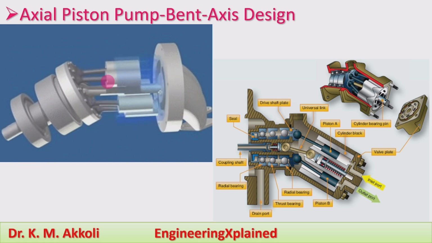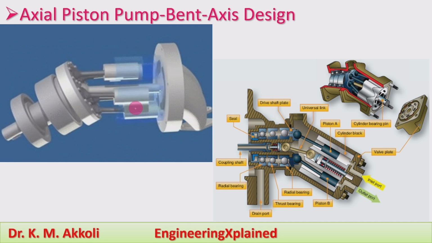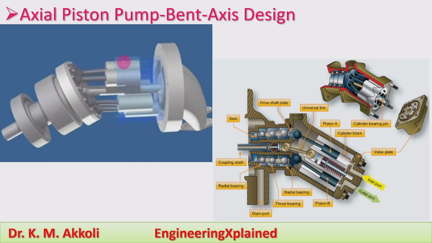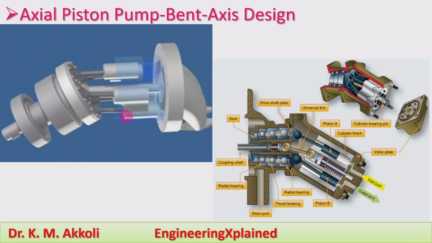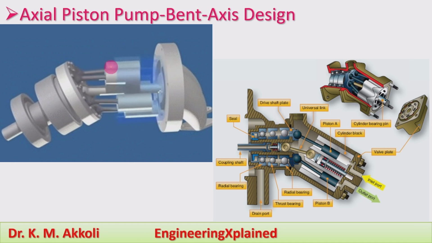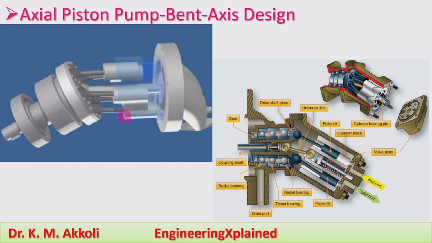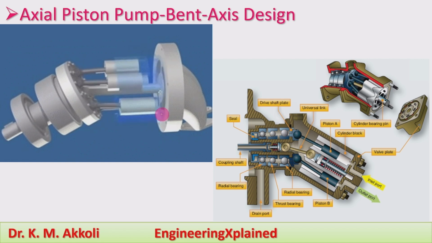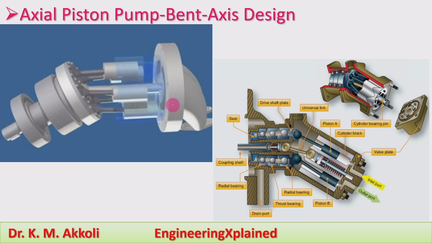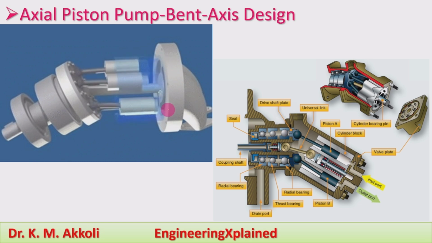During continuous operation, a number of pistons are connected, and one after the other they come to the top portion and gradually to the bottom portion, and thereby extension and retraction of the pistons inside the cylinders take place, and that will supply fluid continuously to the hydraulic system. This is the working of the axial piston pump of the bent axis design.